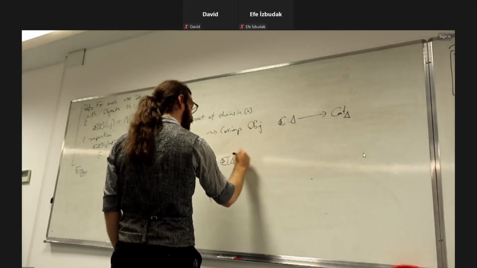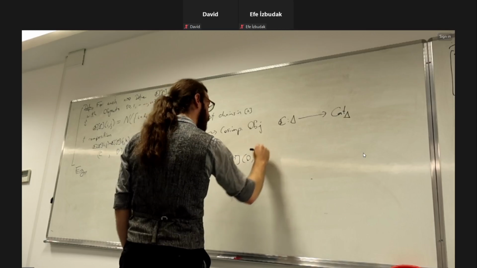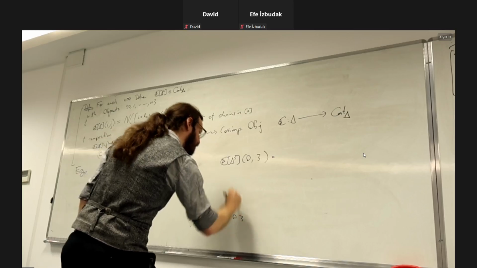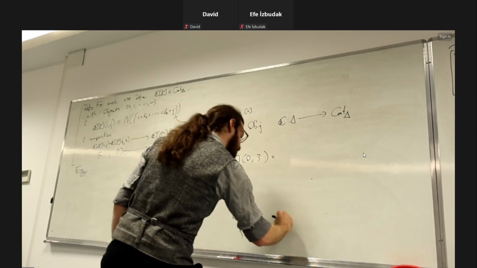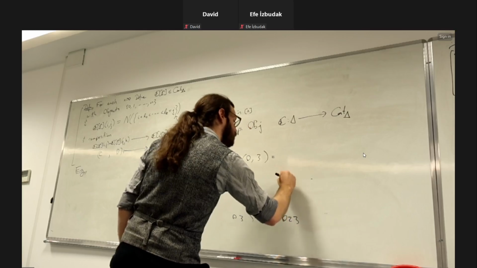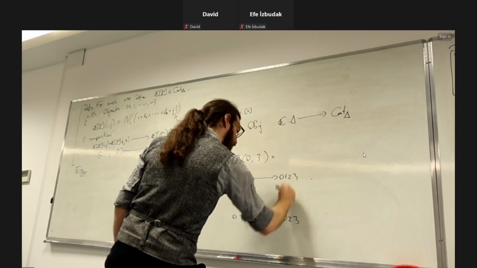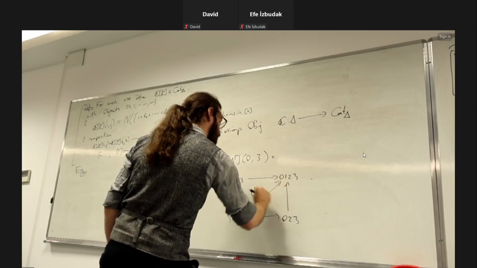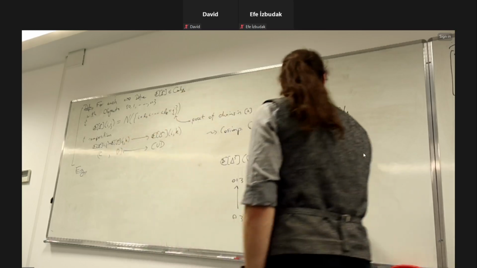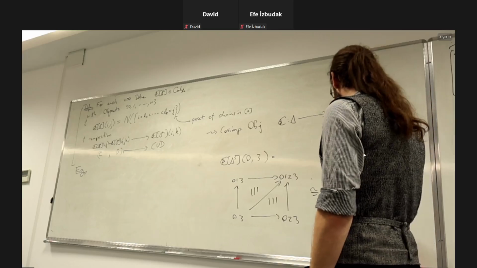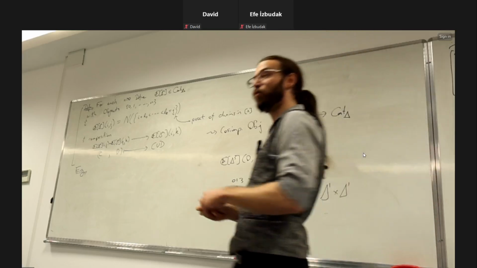So, for example, the mapping space here is the square delta 1 cross delta 1.